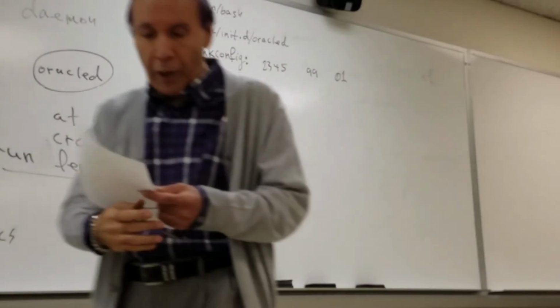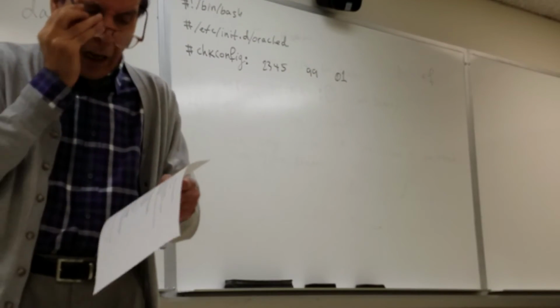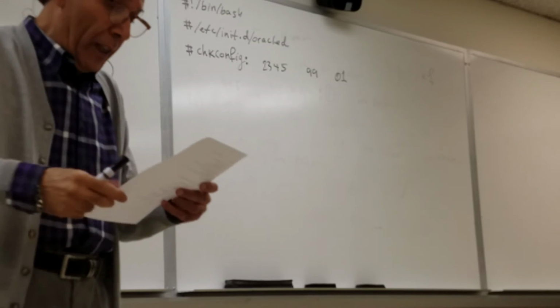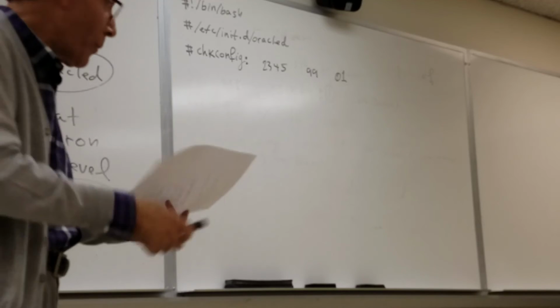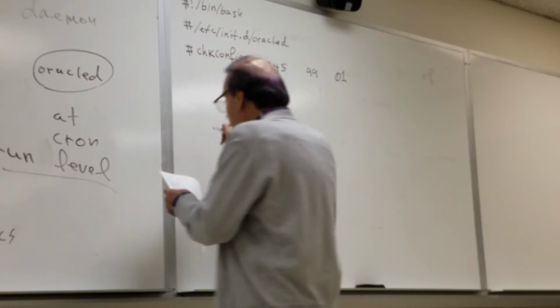Clear? Okay. So, the next line definitely should be description. If you don't put description, you're going to get an error message, okay? So, you have to do it like that.